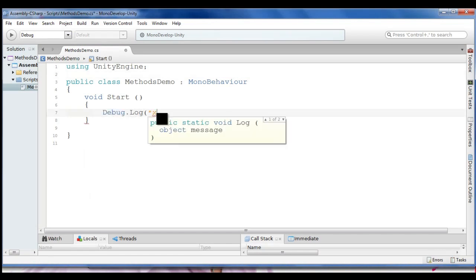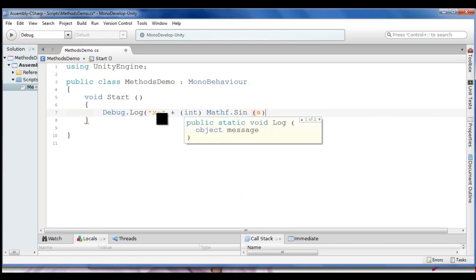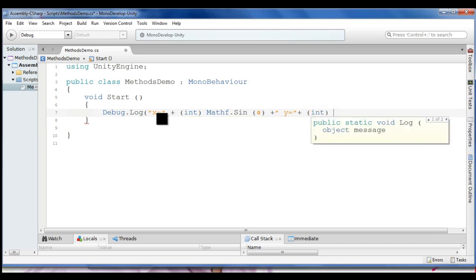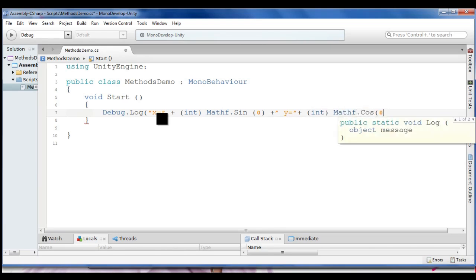Debug.Log x is equal to, in double quotation, plus, I just get the integer values only. So I say here Mathf.Sin of 0th degree, plus double quotation y is equal to double quotation plus integer Mathf.Cos of 0. So if I run this code, here I should get 1, here I should get 0.